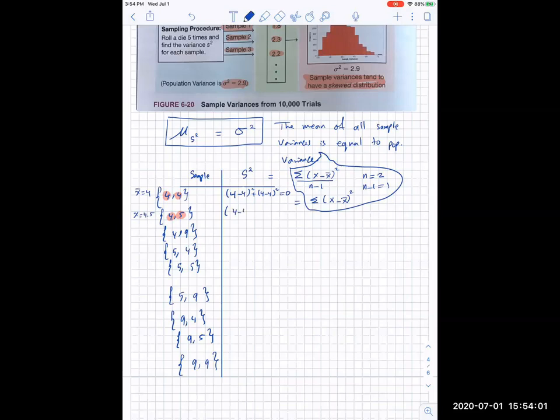So 4 minus 4.5 squared plus 5 minus 4.5 squared. So that's 0.5 squared plus 0.5 squared, which is 0.5. You see what I'm doing here? So I found so far two variances. The first one is 0. The second one is 0.5.